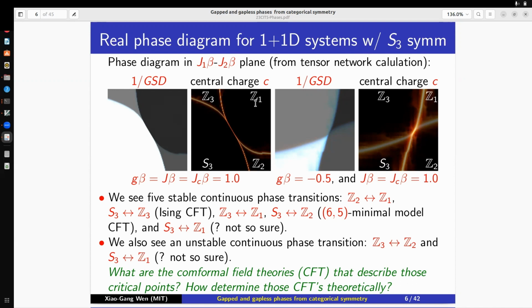Okay. We couldn't pin that down completely, but I think it's similar to 1.3. So it's 0.8 plus 0.5. 0.8 is a possible critical point, and 0.5 is Ising. So adding the charges of these two gives this one. However, with the standard calculation to determine the central charge, we don't have very good results.